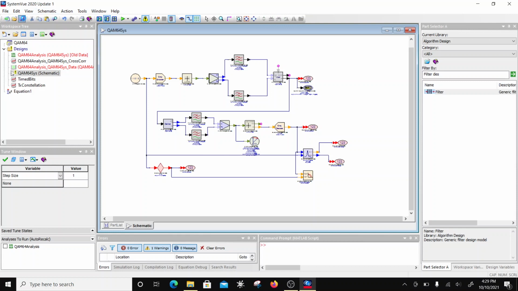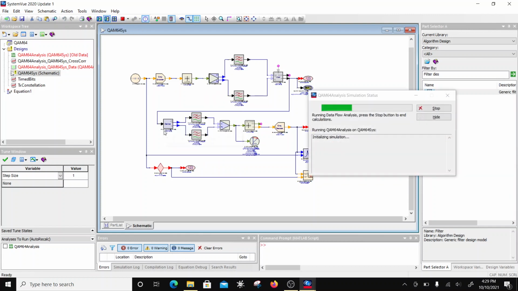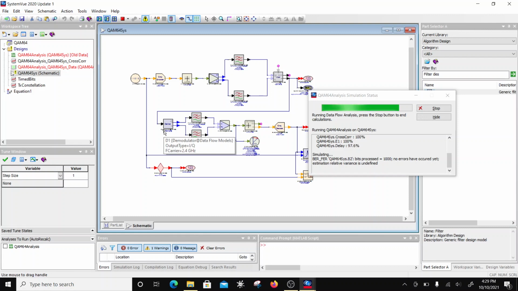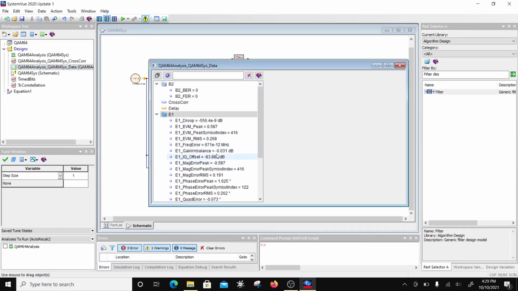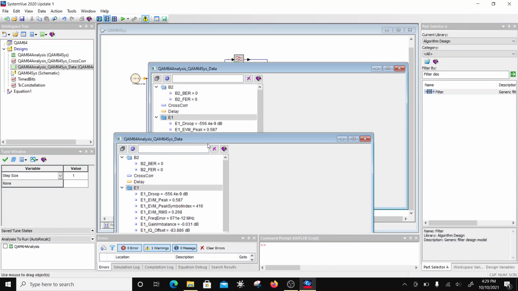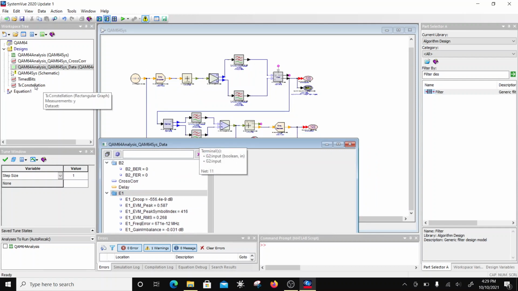So I am just going to run this. Okay, let's look at the numbers again. So it's like 0.2% EVM here, peak EVM is 0.58%. So now this is a good signal source, right?